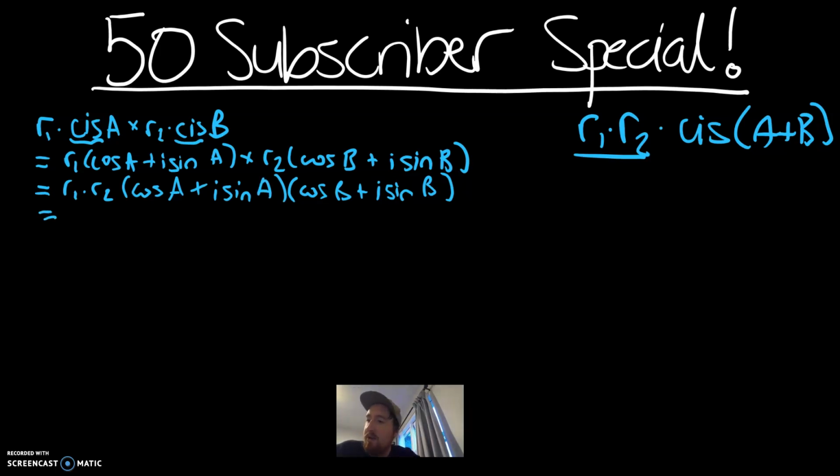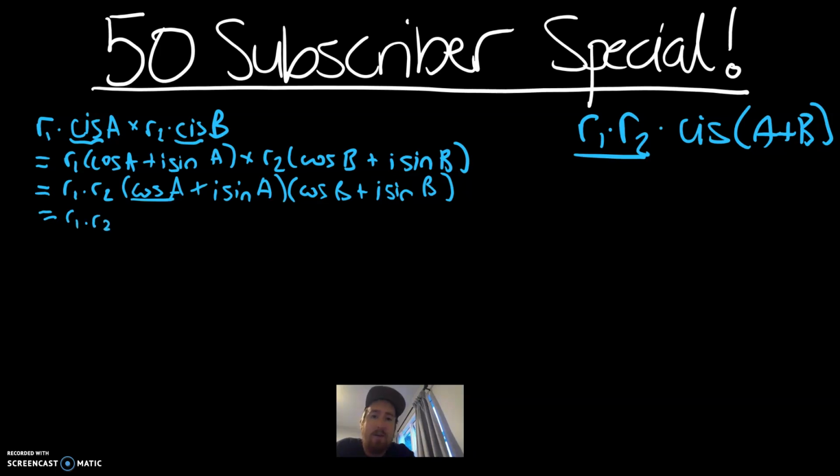Okay, so the step after this is we are looking to expand this double bracket just like we would expand a quadratic. So let's do R1 times R2, which hasn't changed.